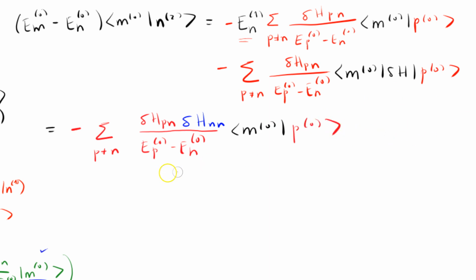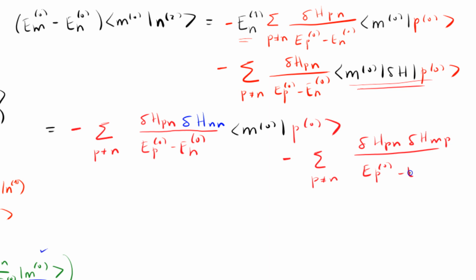And then minus, let me do it right here. Sum p does not equal to n, and then we're gonna have delta h p n. And what is this guy right here? This guy is nothing more than delta h m p, right? And then this is divided by ep0 minus en0.